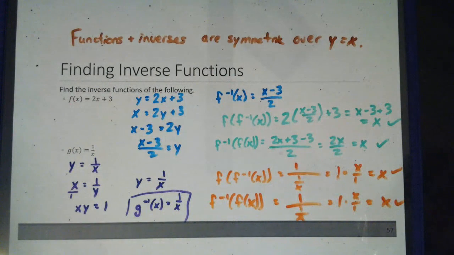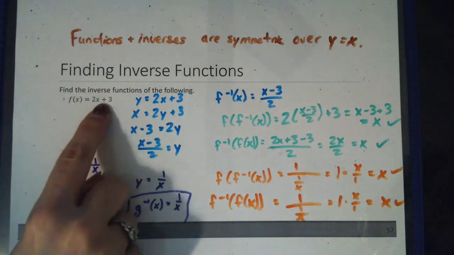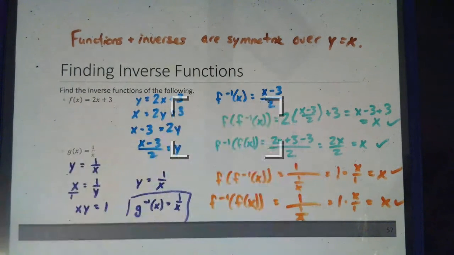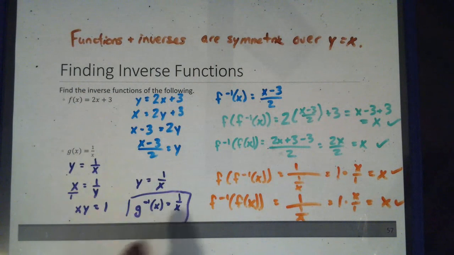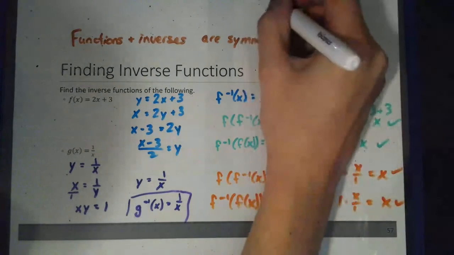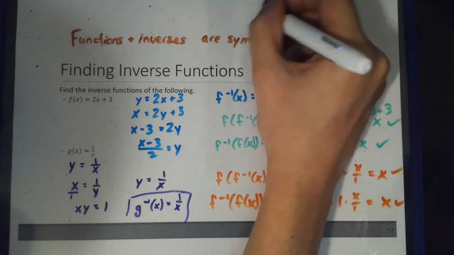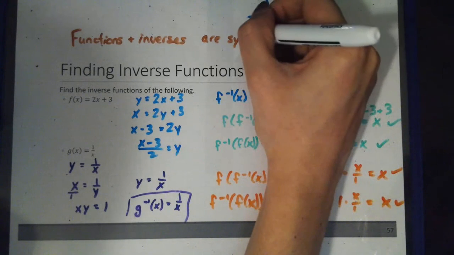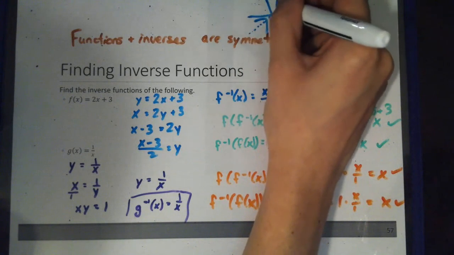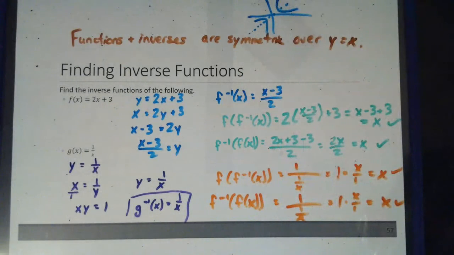If you don't believe me, feel free to graph 2x plus 3 and x minus 3 over 2. You'll notice that they're symmetric over the line y equals x. And then this 1 over x is one of our toolkit functions. It's the one that looks like that. If you put the line y equals x in there, it's symmetric over it. Pretty cool. Feel free to check that out a little bit more and get some more practice.